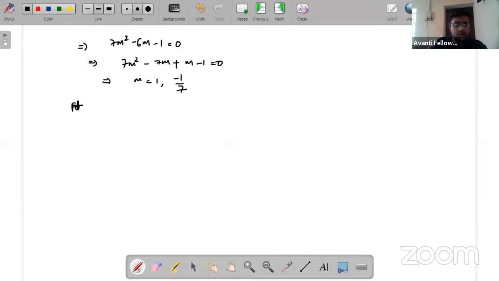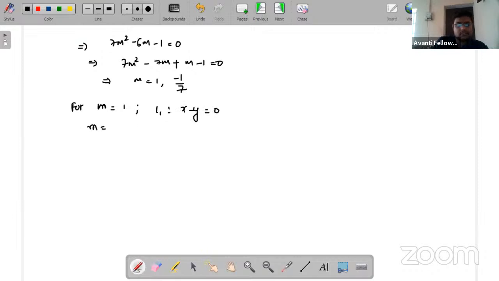So for m equal to 1, L1 will be, since y is equal to mx, basically y is equal to x, or we can write x minus y or y minus x equal to 0.